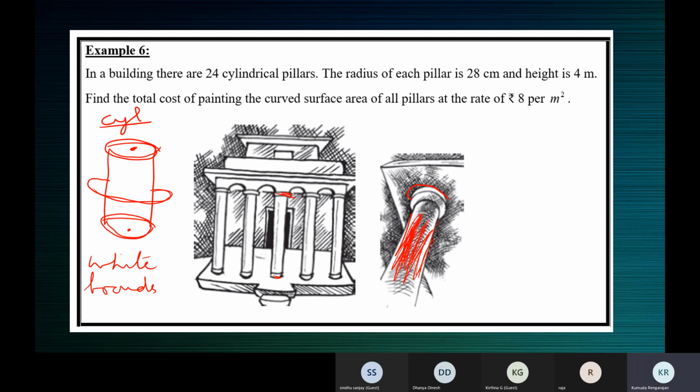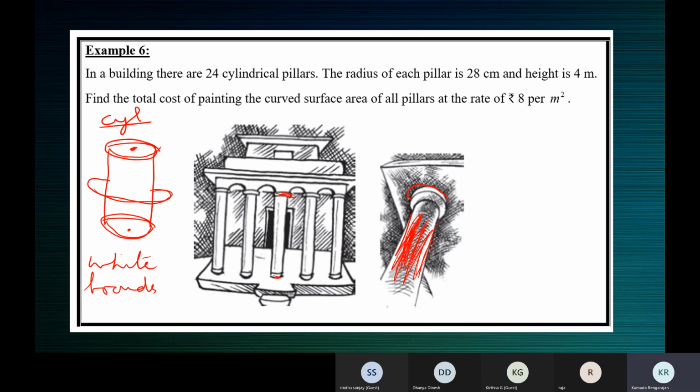But when you take the case of cylindrical pillars in the temple, the top circle is stuck to the ceiling. The bottom circle is stuck to the floor. So if you want to paint, what is the difference between painting the marker and painting these pillars? If you want to paint the marker in your hand, you can paint the curved surface area. You can paint the circle on the top. You can paint the circle below.